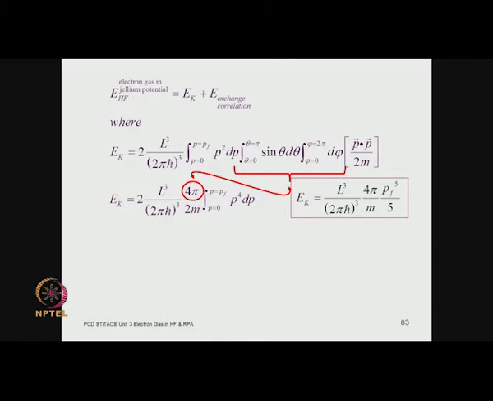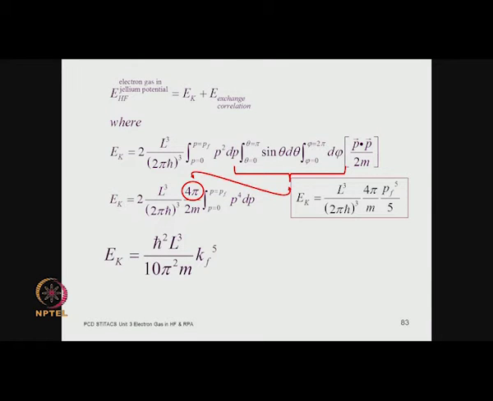And you have p square and then p square over here. So, you will end up integrating a 4th power of p. So, that gives you p to the 5th at the Fermi momentum over 5, and this is the expression for the kinetic energy term. You get h cross square after simplification of all the terms.